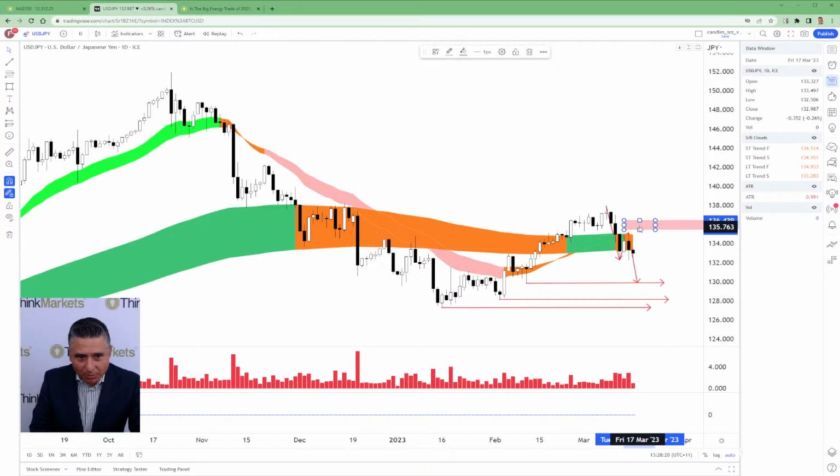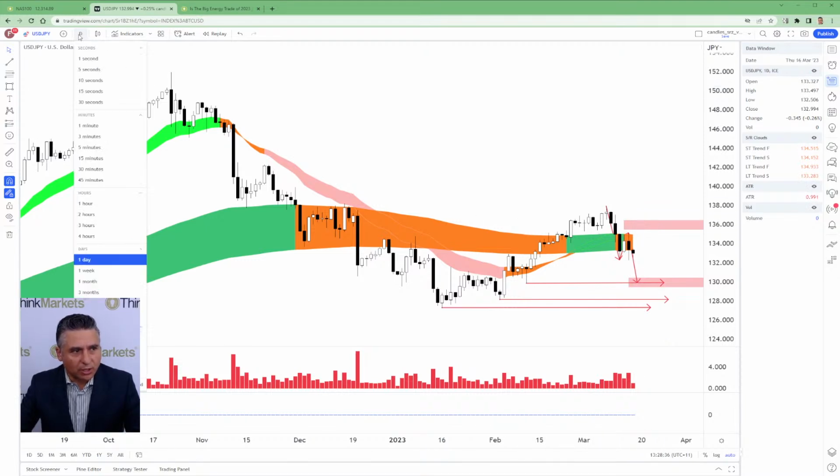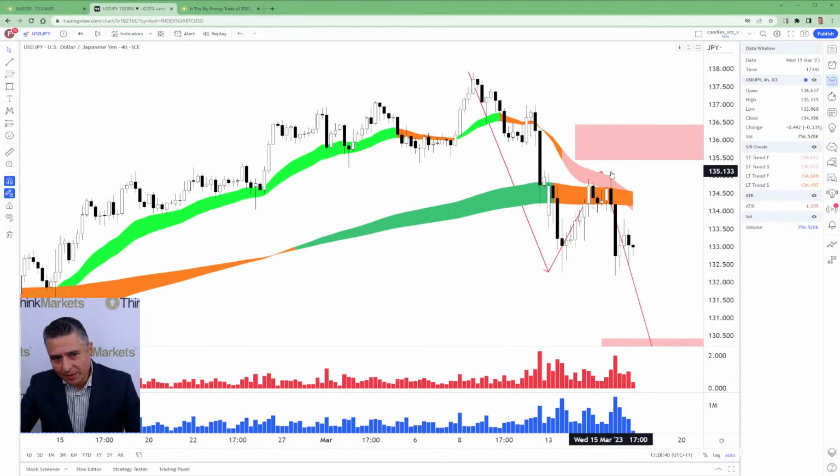Okay, so stop loss somewhere in that zone, and your target coming in somewhere around this zone here. Whether you're going to make your reward to risk, there might be other ways, other peaks you can use if you want to go to a lower periodicity, maybe a 4-hour periodicity.